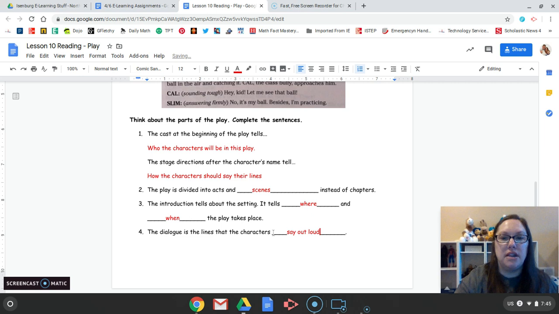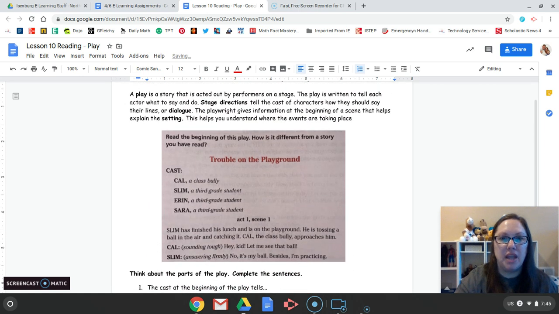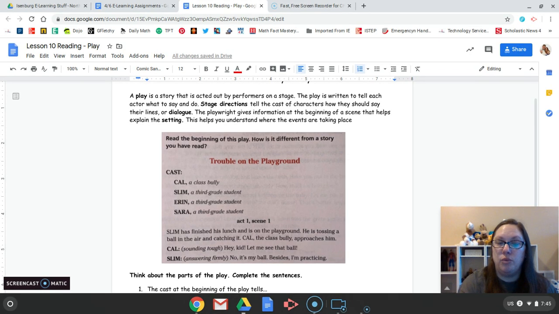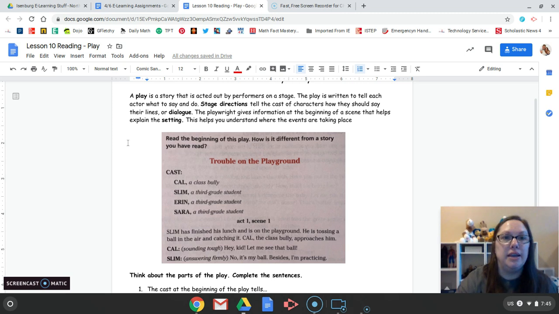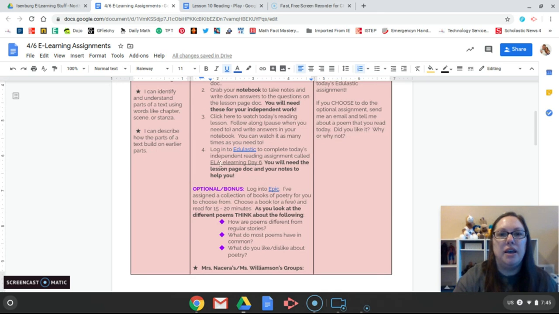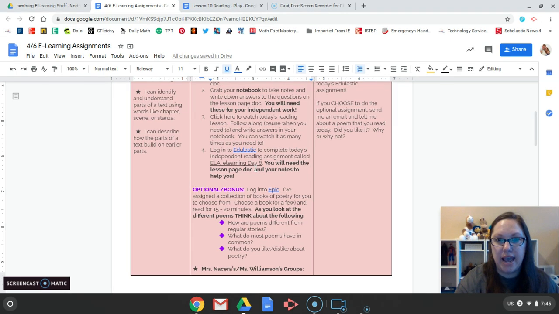So these are the important parts of a play, and these are the parts that you're going to need to be able to talk about and describe today when you do your independent work. So now you can click back to your e-learning assignment and you just log into Edge Elastic. You find e-learning day 6, which should be assigned to you for today.